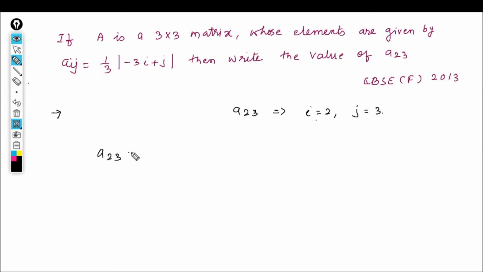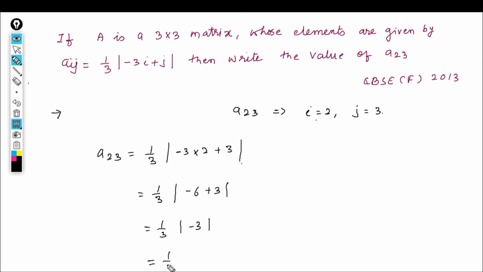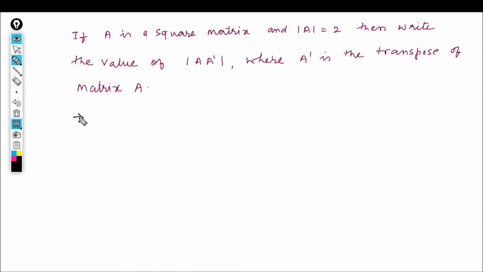So a23 is equal to 1 by 3 in bracket minus 3 into i means 2 plus 3. So 1 by 3 into minus 6 plus 3, mod of 1 by 3 into minus 3. 1 by 3 into mod of minus 3 is plus. This 3 3 will get cancelled. This is equal to 1. That is, a23 element is equal to 1.